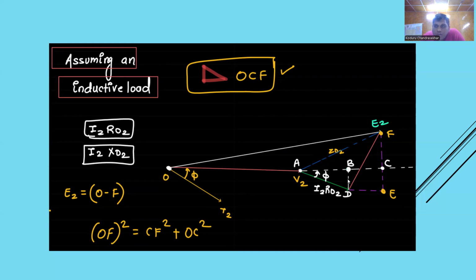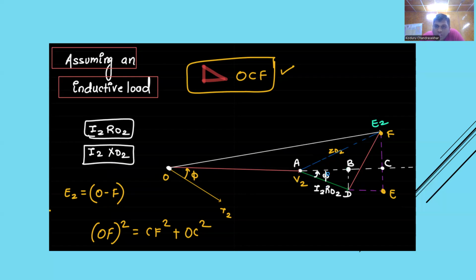I2 into R02 is in the same phase as I2, so it will be drawn parallel to I2, which is the green line. I2 into X02 will be perpendicular to I2 into R02, which is the line DF. E2 will be the line OF here.